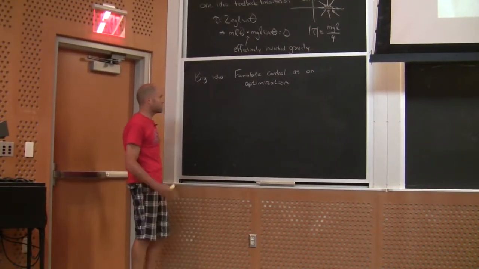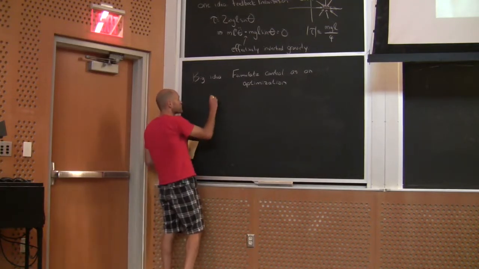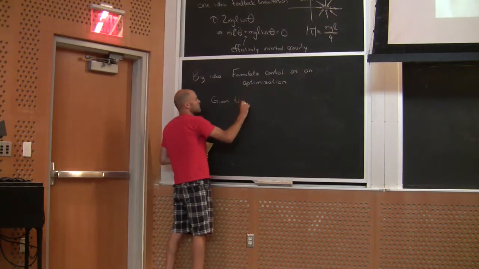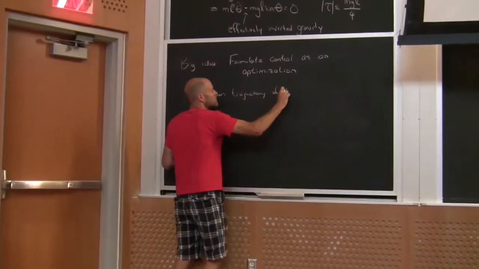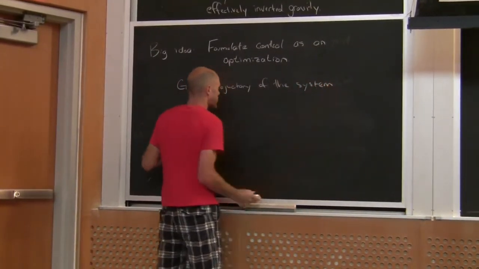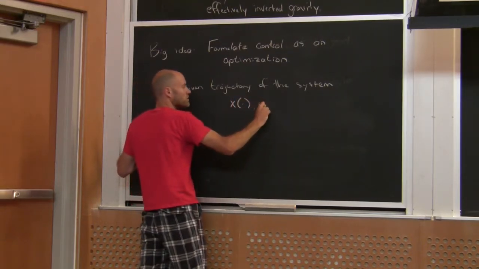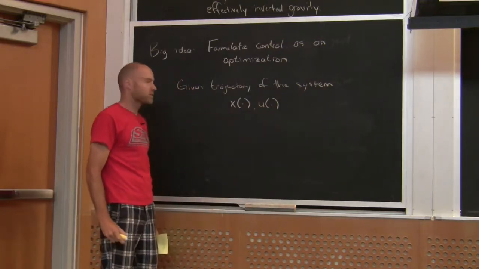So the big idea here in turning control into an optimization is that if you give me a trajectory of the system, and I really want both the state trajectory and the u trajectory.